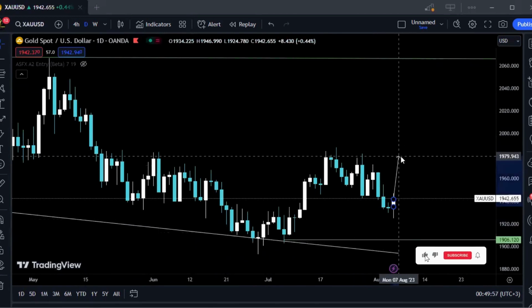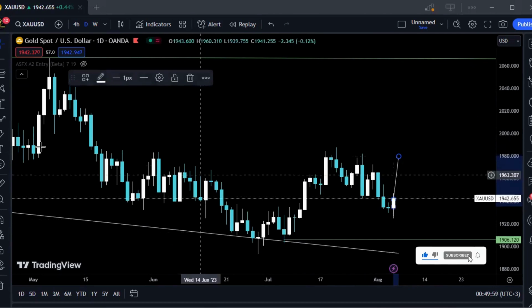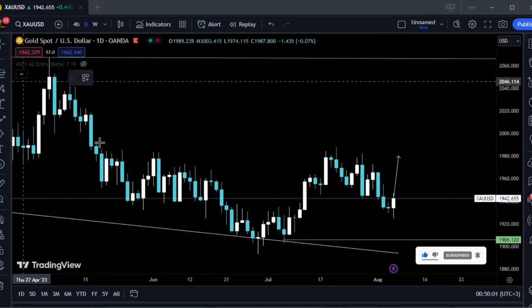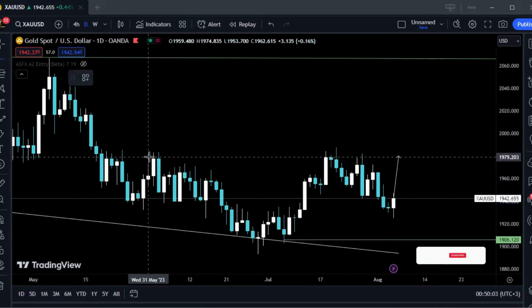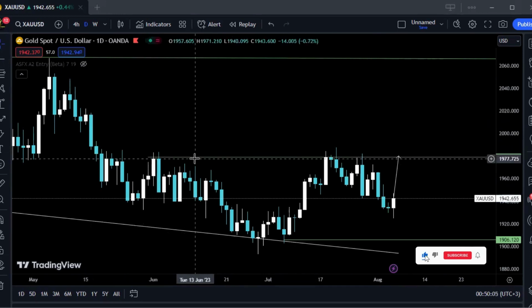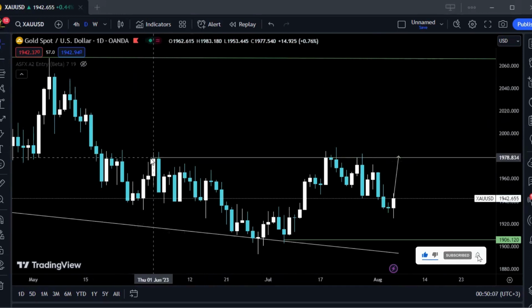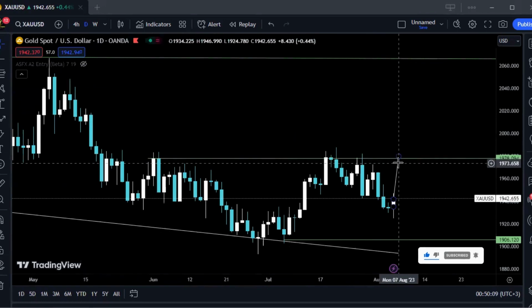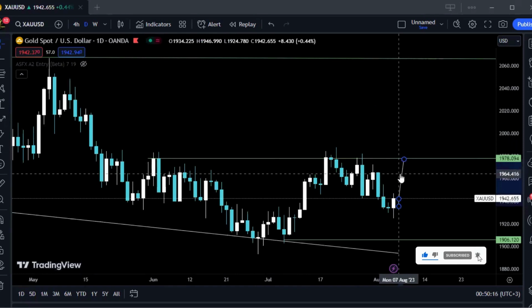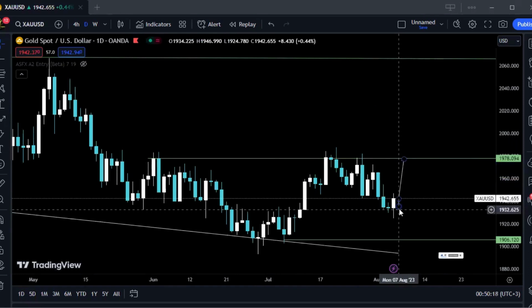We'll be looking for this to push until it reaches somewhere there. Right? So that's what I'm anticipating to see on the US dollar based pairs.